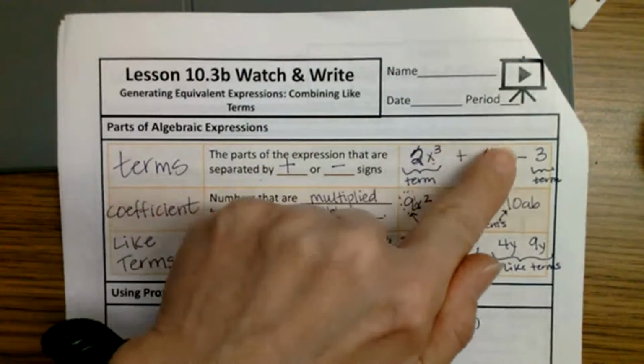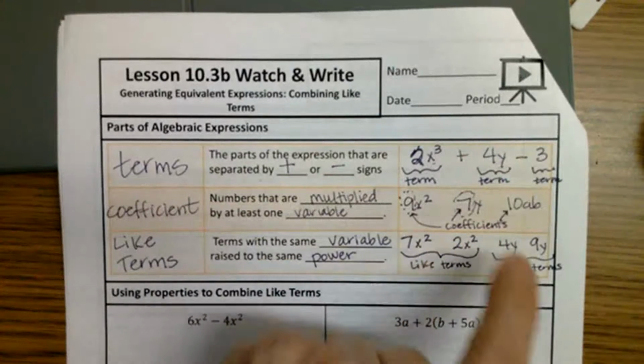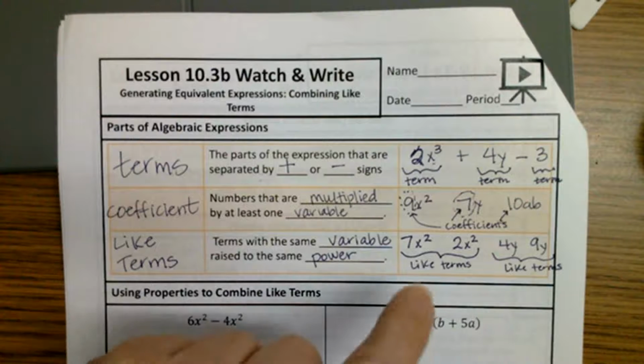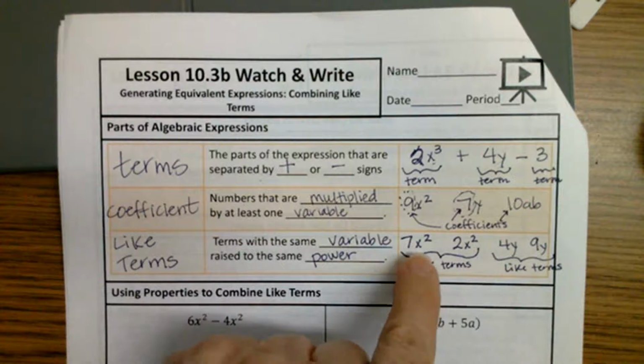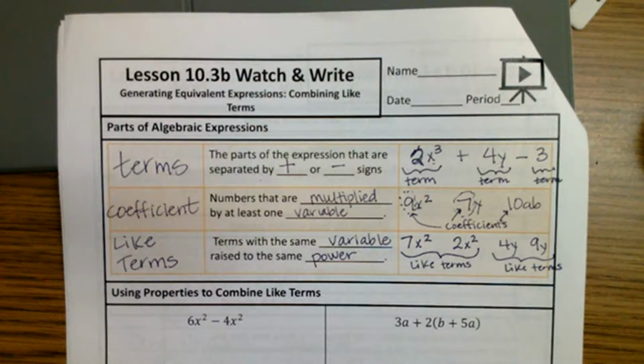So that's a term, and that's a term. Coefficients are the number that's right next to the variable, and it's being multiplied times the variable. If you see a variable with no coefficient, then the coefficient is 1. And like terms are any terms that have the same variable raised to the same power.